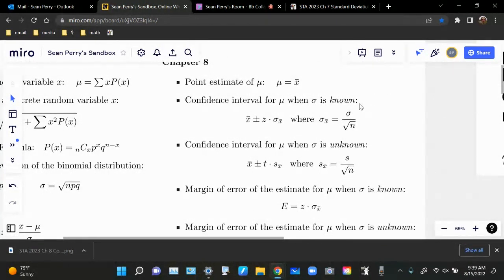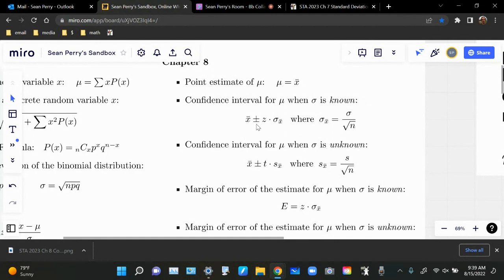When we know the standard deviation of the population, we can be a bit more precise. We will add and subtract to our estimate of x bar some buffer, give or take a certain amount, and we will be a certain percentage confident, that is to say there's a certain percentage chance that the true mean lies inside of this interval.